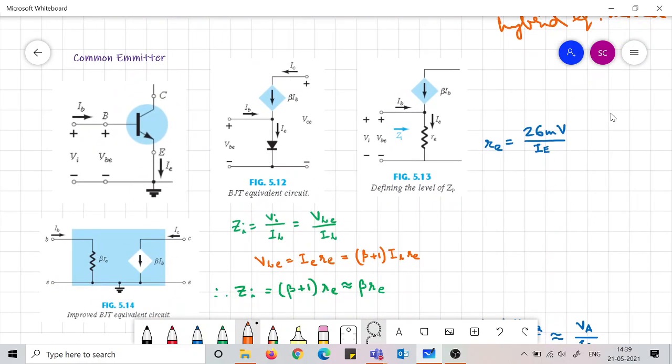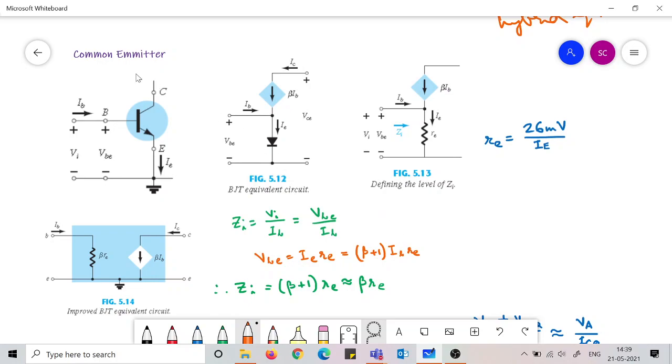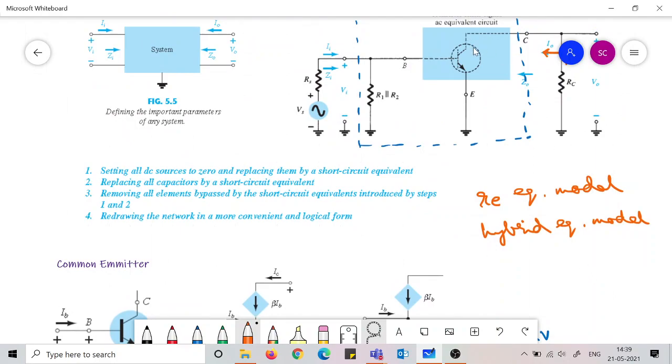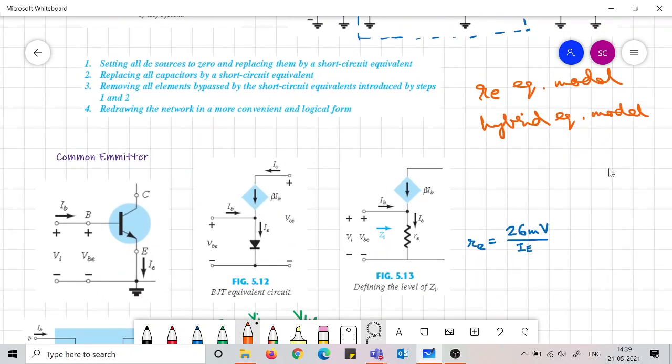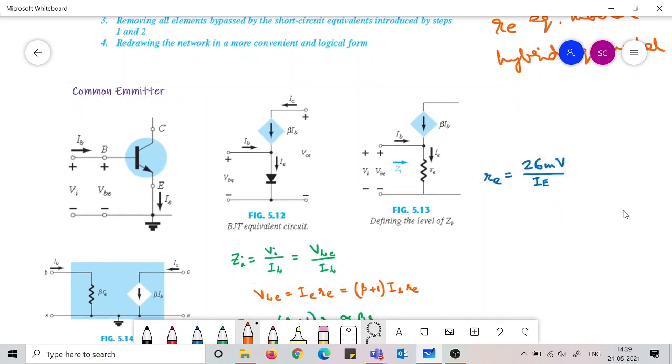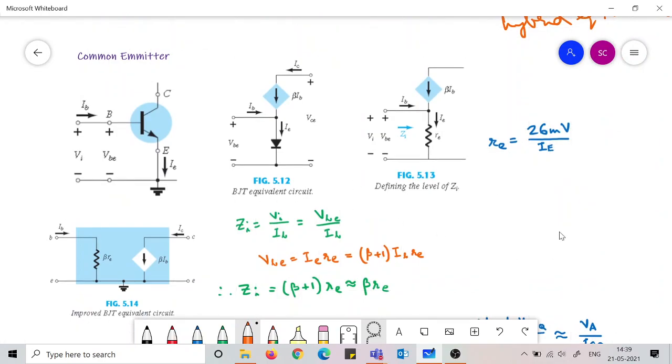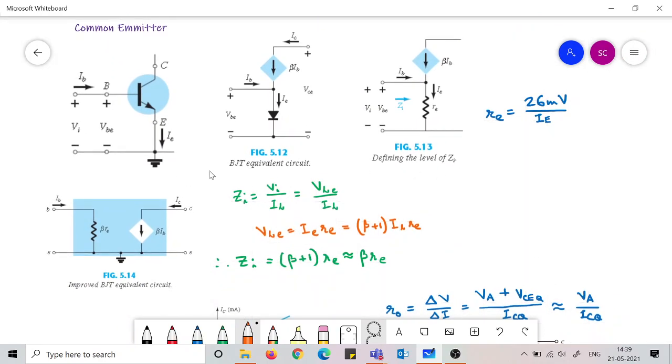So here we are seeing the RE equivalent model of the common emitter configuration. So the transistor here is in common emitter. If the transistor is connected as a common emitter, then what would be the RE equivalent model of the transistor? You see here, when you look into this configuration, it is the common emitter.